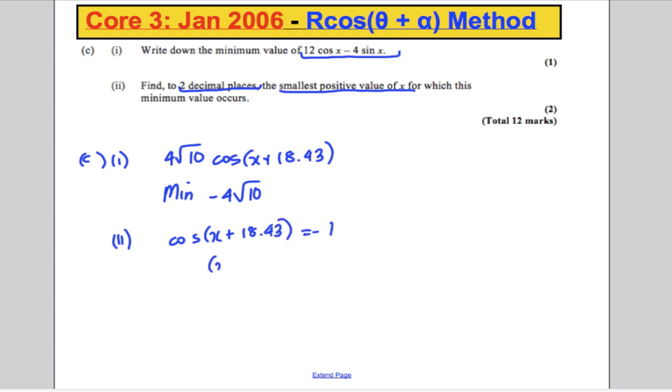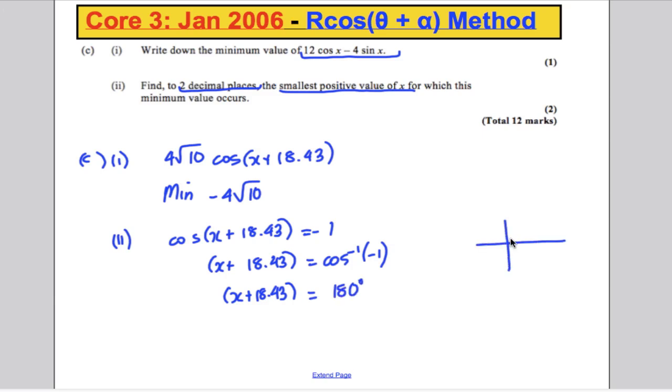Take the inverse cos of both sides, so x plus 18.43 is equal to the inverse cos of negative 1. So inverse cos of negative 1 is 180. So x plus 18.43 must equal 180 degrees. Okay, just draw your graph, check that's right. It's true, 180 is at minus 1.